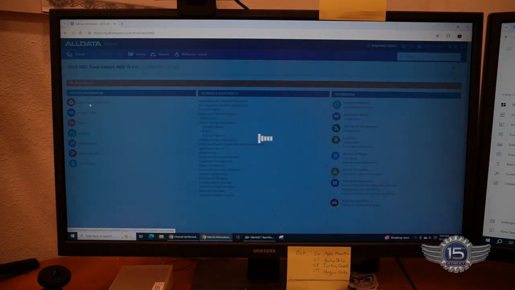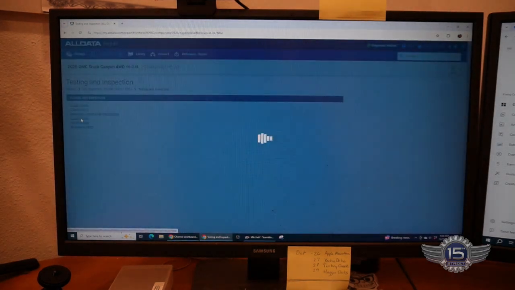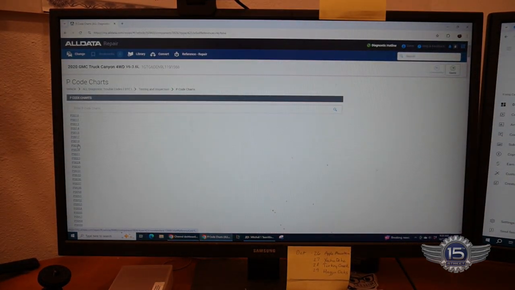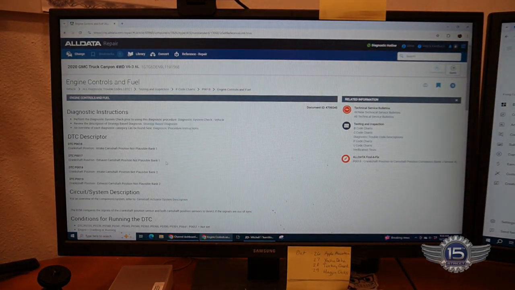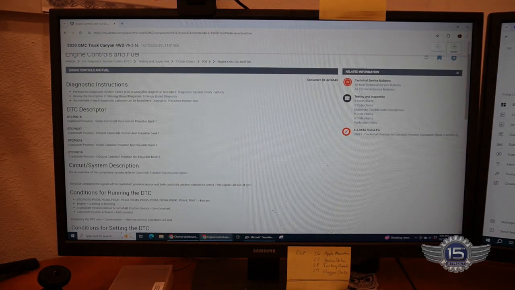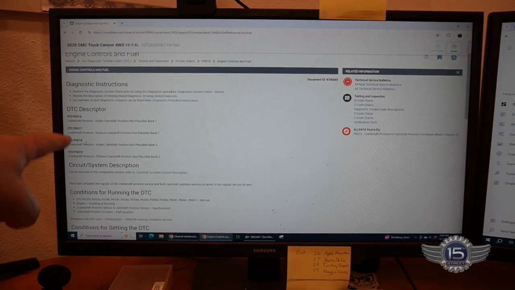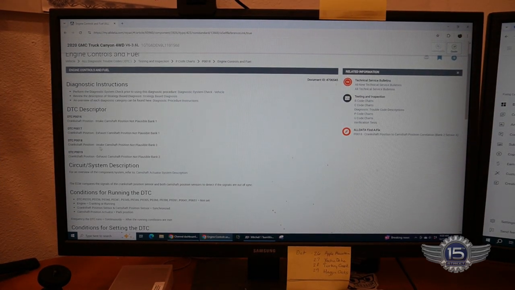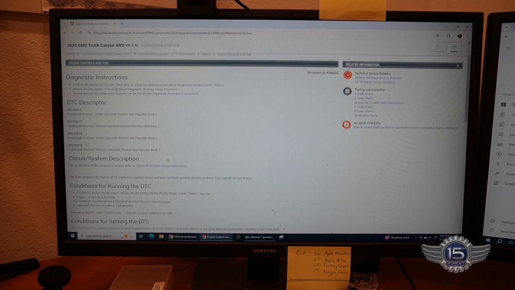Alright, so if I go in here for our codes, P0018, crankshaft position not plausible bank 2, and then 19 is exhaust camshaft not plausible bank 2.